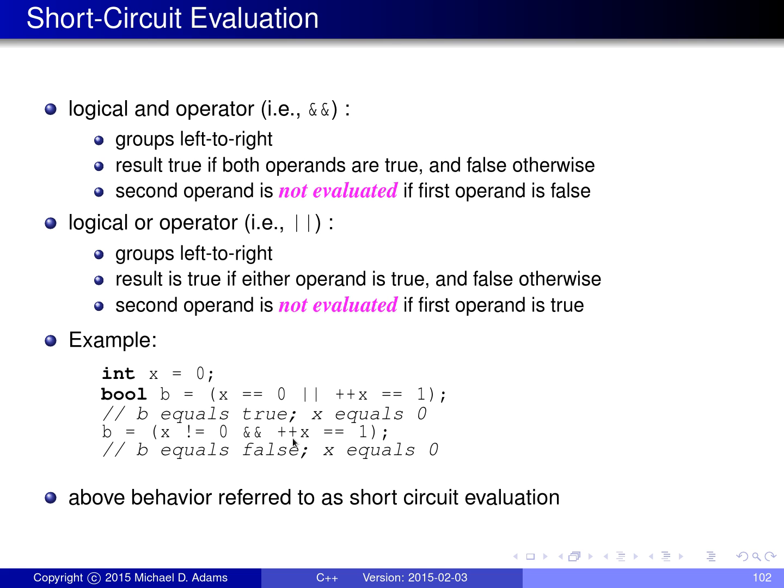So even though the second operand has the side effect of incrementing x, because the second operand is not evaluated, x will not get incremented and it will still be 0. So on the next line where this comment appears, if we printed the value of x, we would still have 0 being printed for x, and the Boolean value b would be equal to false. So again, this sort of behavior is referred to as short circuit evaluation.